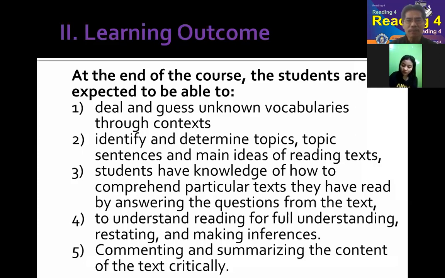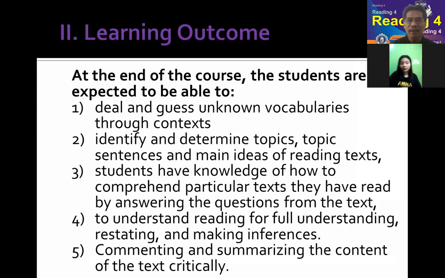Number 1, to deal with and guess unknown vocabulary through context. So when you have a passage, you've got to be able to guess unknown vocabulary through context, because vocabulary is an inseparable thing in reading. I think everybody agrees with me about that.